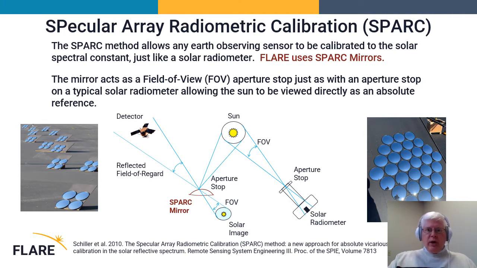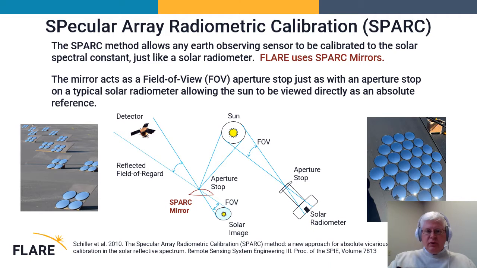First, an underpinning of the technology that comprises the FLAIR systems. The specular array radiometric calibration technique, or SPARC technique, is a method that uses convex curved mirrors to relay the sun to the satellite, using the sun as a calibration source. This innovative technology provides an engineered, known point source on the ground of known spatial dimension.